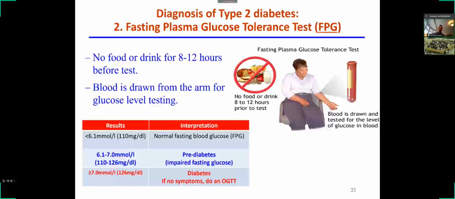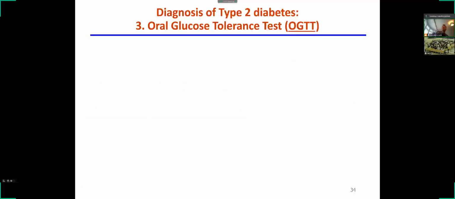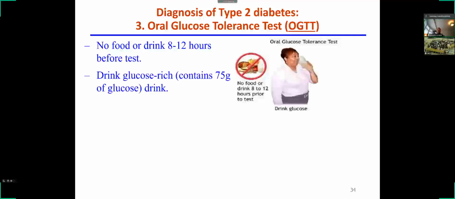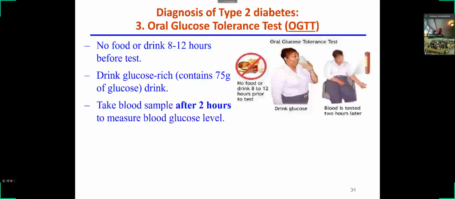If there are no overt symptoms, then you do a follow-up test called an OGTT, the oral glucose tolerance test. Again, the patient is asked to fast, but in this case, when the patient comes in, you give them a glucose-rich drink, and then you take a blood sample after 2 hours to measure blood glucose levels.